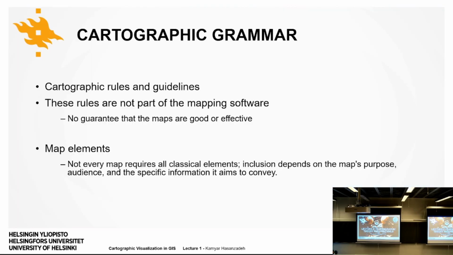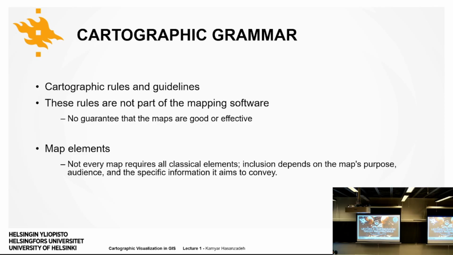If you want to make a good map, you should try to follow the cartographic grammar as much as possible. That is a term that is very often used in cartography books. It refers to cartographic rules and guidelines. One of the reasons why maps produced by people who are not educated in GIS, geography, or cartography-relevant fields are often poor is that they rely on software.